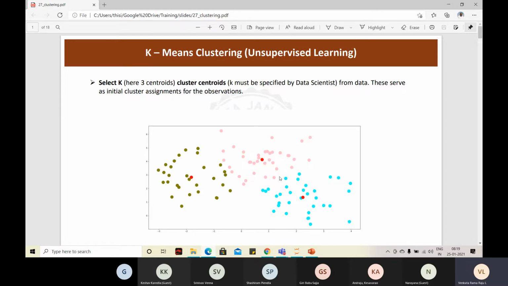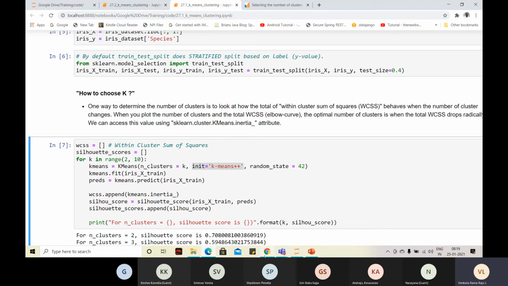That way the initialization is intelligent and the number of iterations to find the best cluster will reduce. K-means plus plus is an initialization technique which reduces the number of iterations in finding the best cluster.